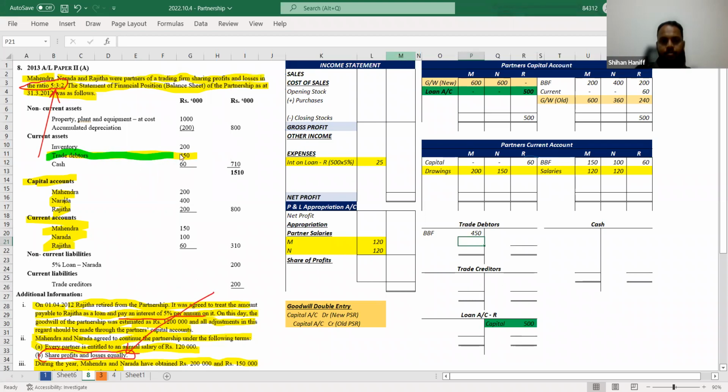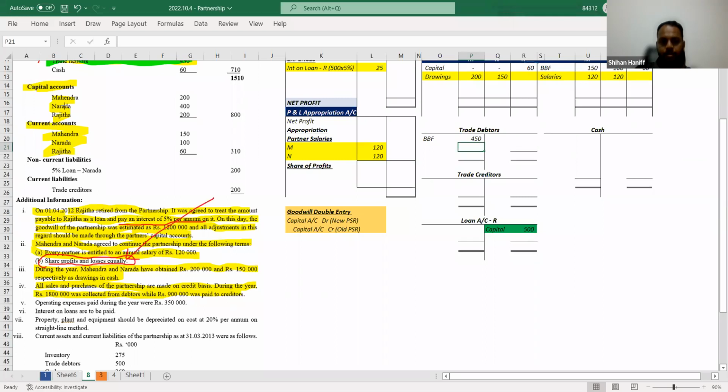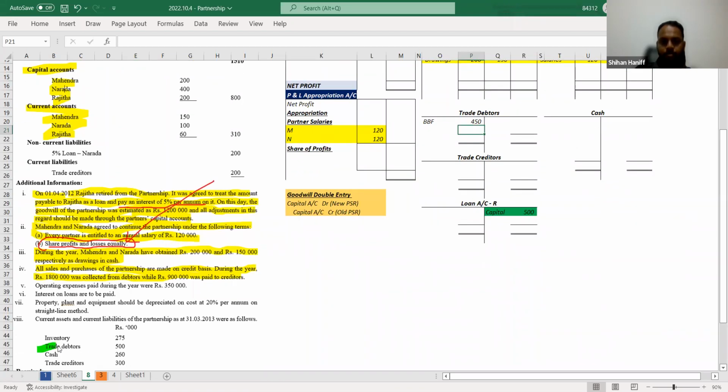Closing balance is also given at the bottom. Trade debtors 500. So balance brought forward, closing balance is 500. Closing balance. I'm doing the debtors account.